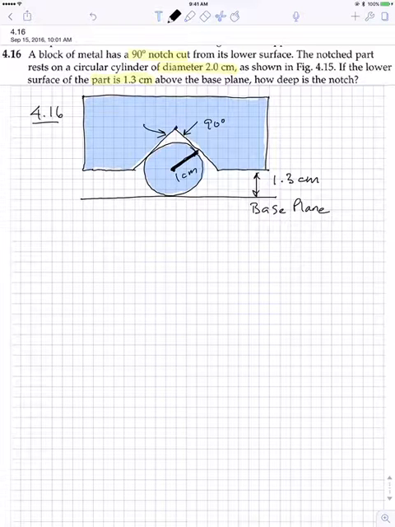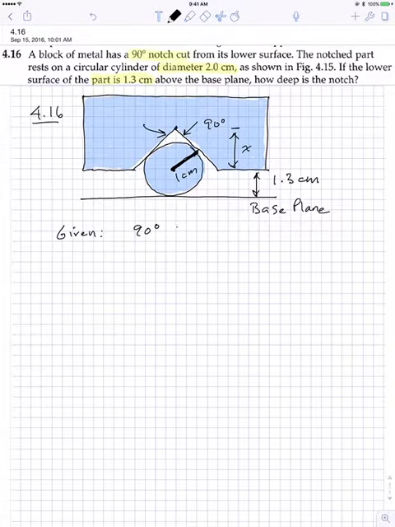And what we're trying to answer is the question of how deep is the notch. We can call the notch, say for example, X. So there's the setup of the problem. We can write down what we're given.